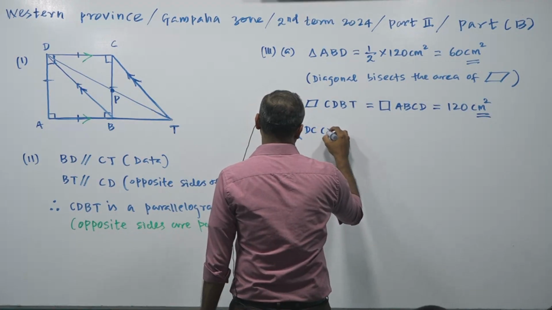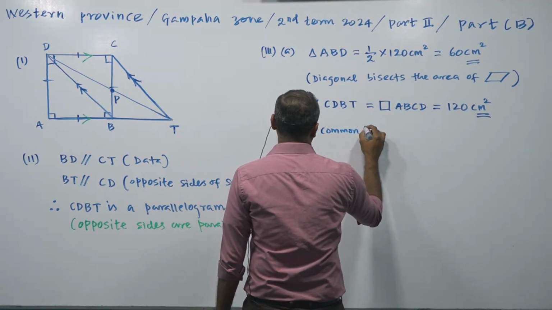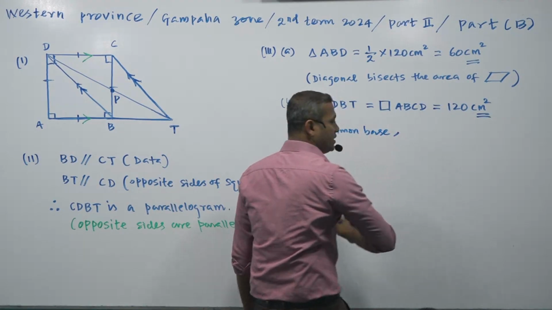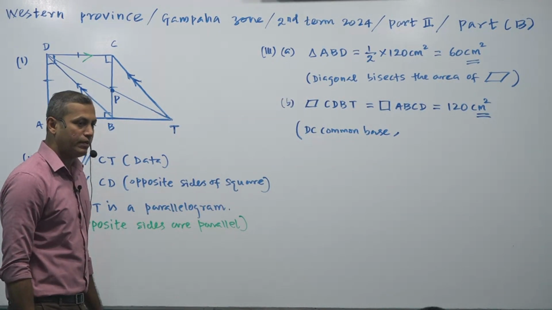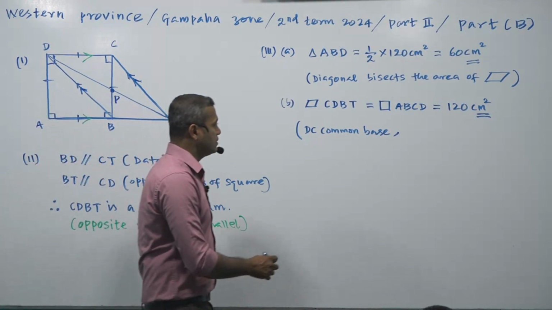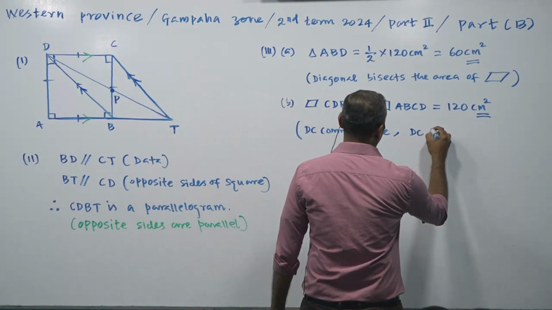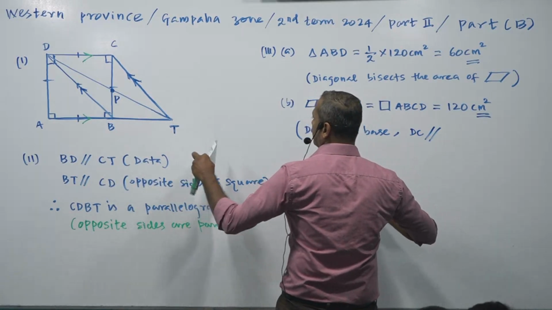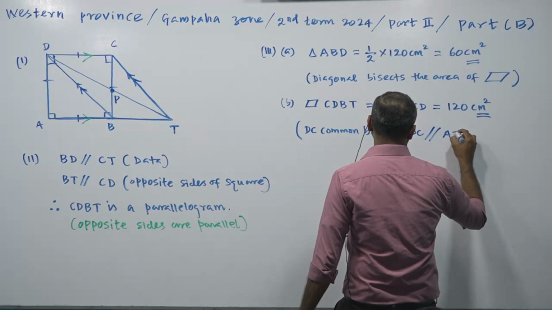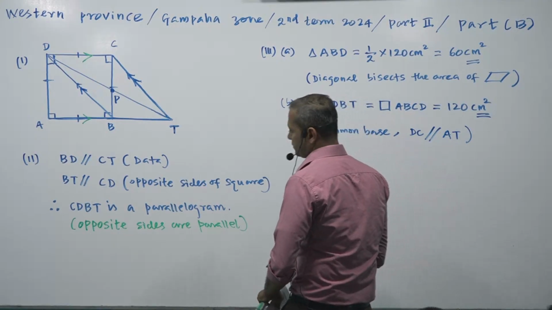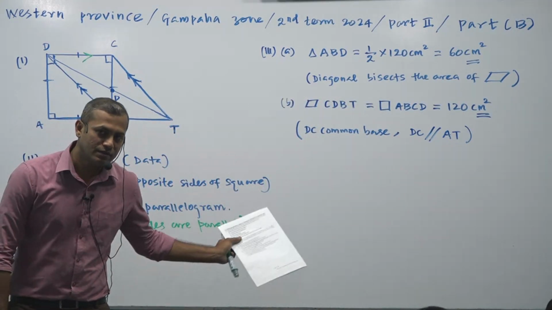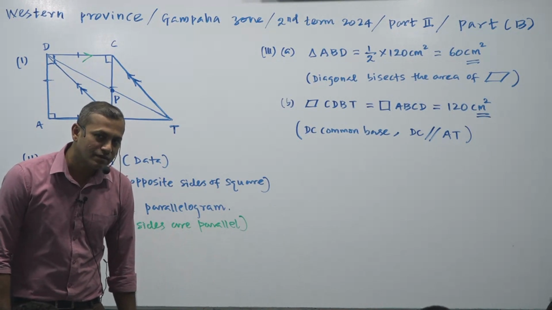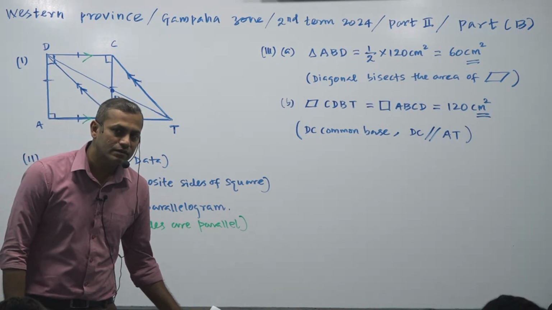DC common base, and what else you have to write? What are the two lines which are parallel to each other? DC parallel to AT or AB. That's why. Manal, done?